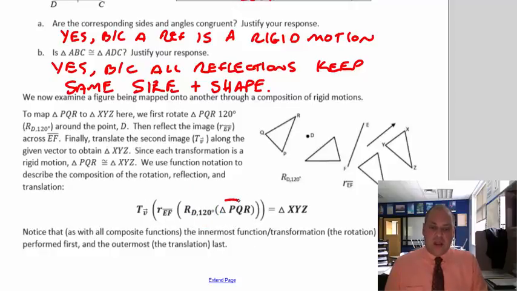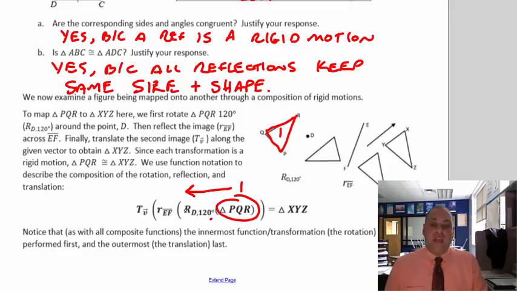So we start with triangle PQR. Where are we at? PQR, right here. We start there. So that's number 1. Then we work backwards, okay?